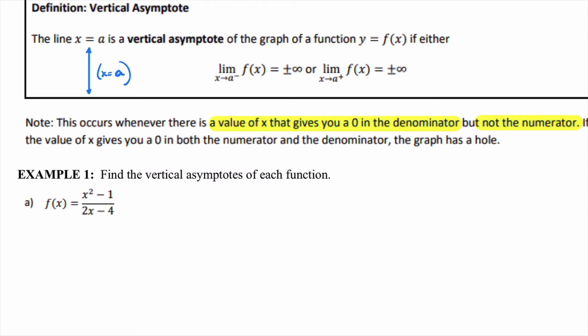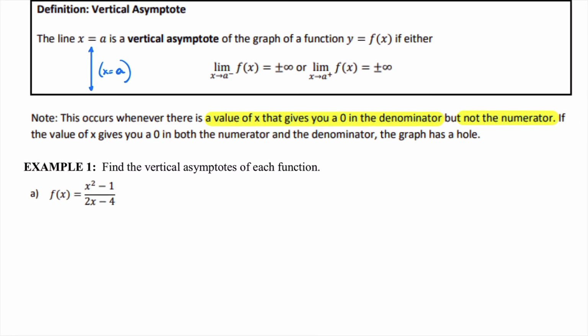If the value of x gives you a 0 in both the numerator and the denominator, the graph has a hole. That's different. If we plug in the same number on top and bottom and it gives me 0 over 0, it's not going to be an asymptote, it's going to be a hole.